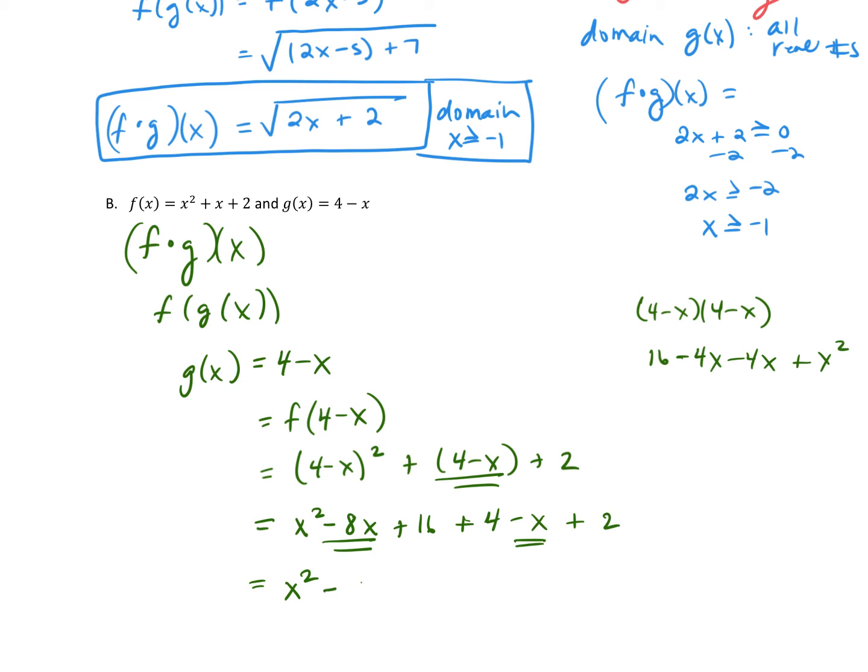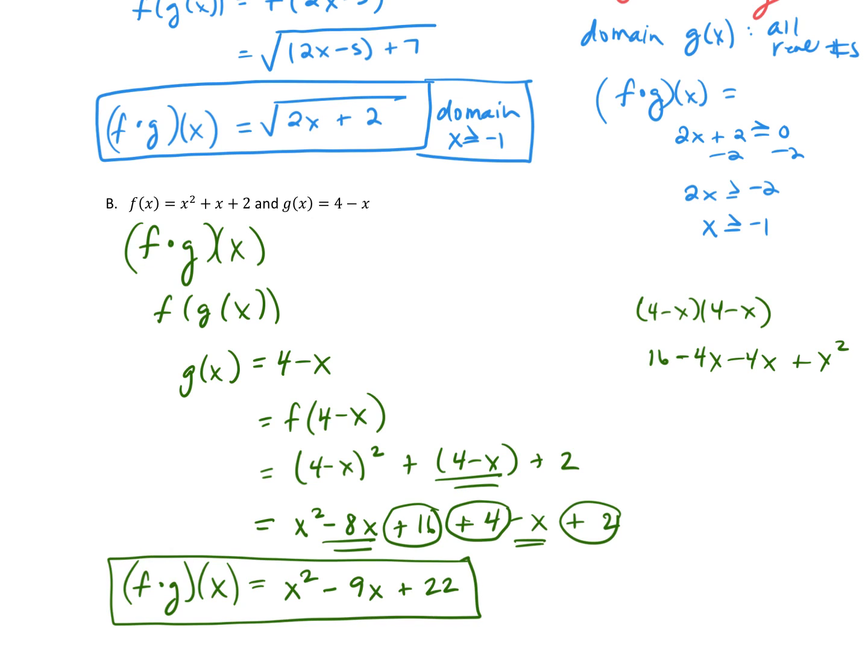That's going to combine to give us a negative 9x. And then we have a positive 16, a positive 4, so 16 plus 4 is 20. Oh, and a positive 2, so plus 22. So F following G of x is equal to x squared minus 9x plus 22.